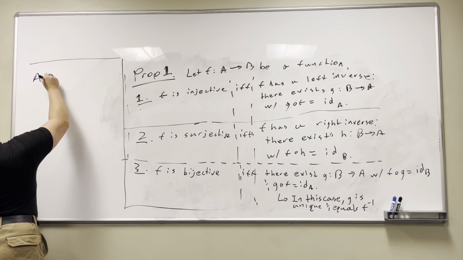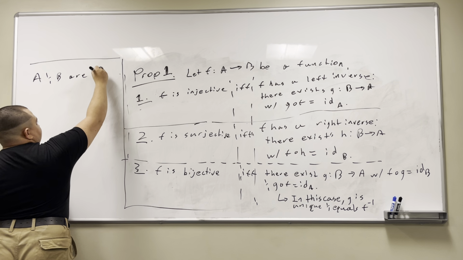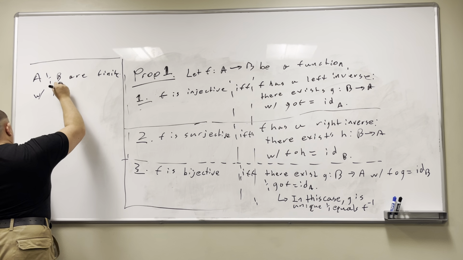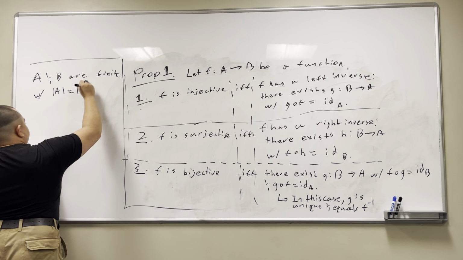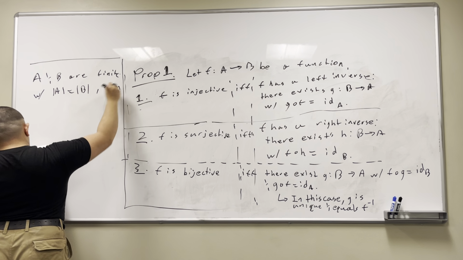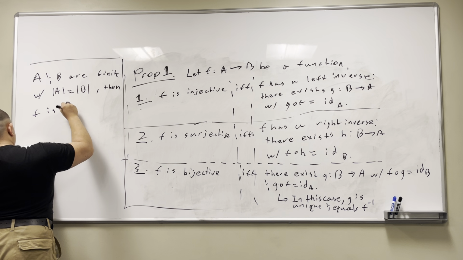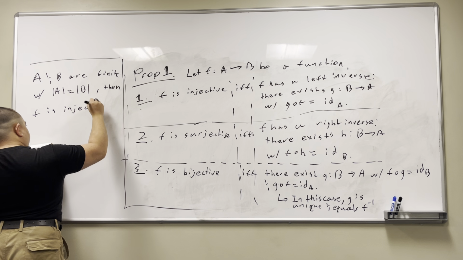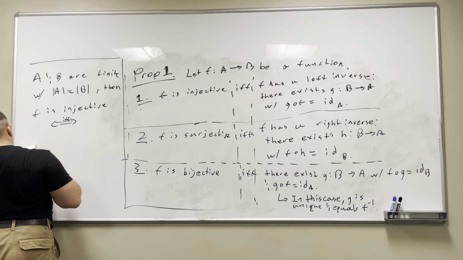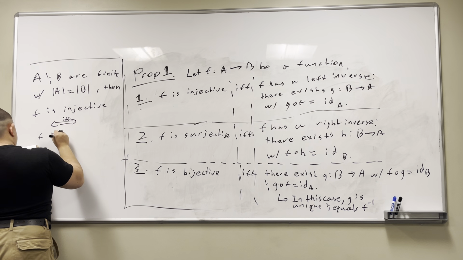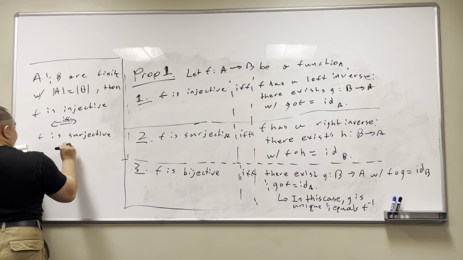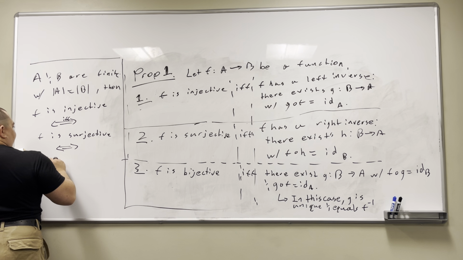If A and B are finite, with the cardinality of A equaling the cardinality of B, number of elements, then f is injective if and only if f is surjective if and only if f is bijective.